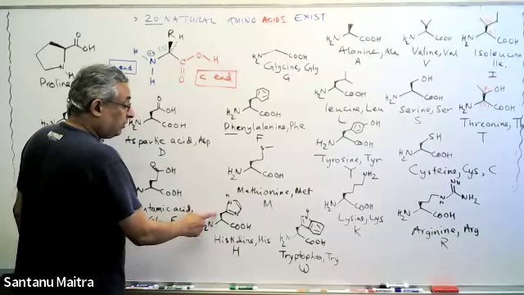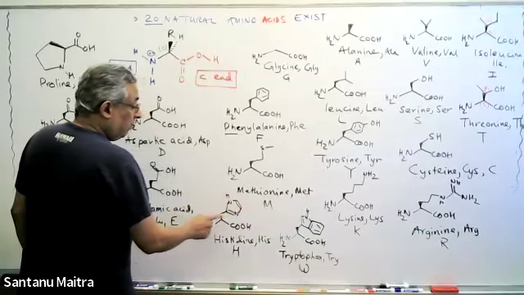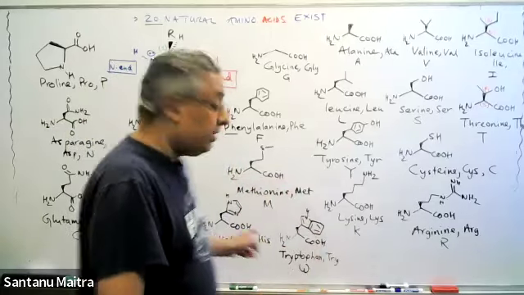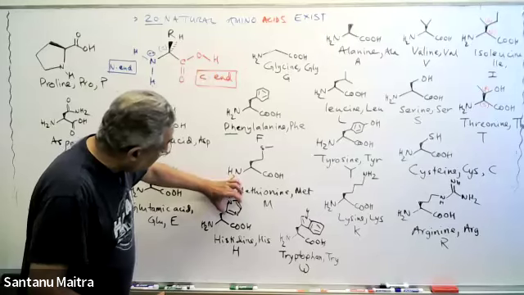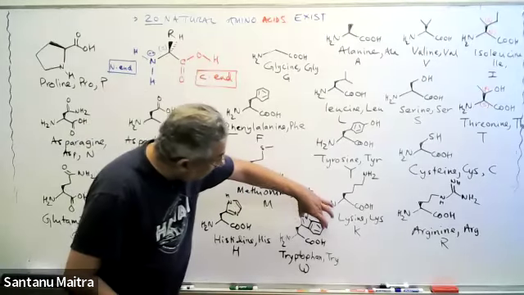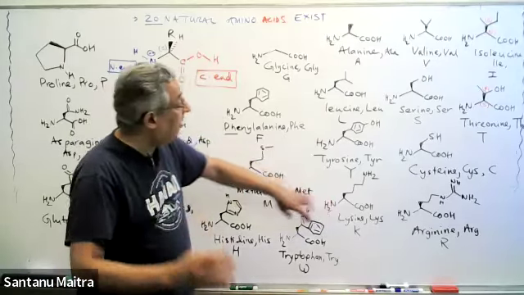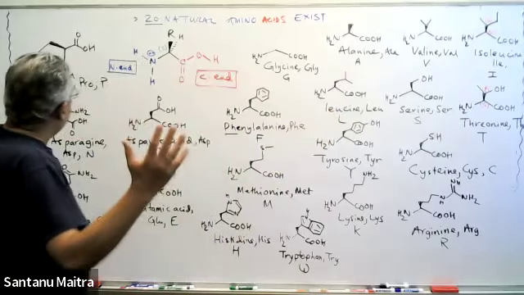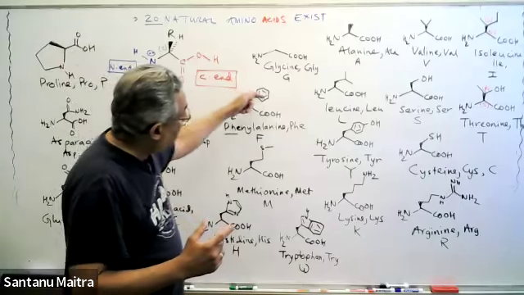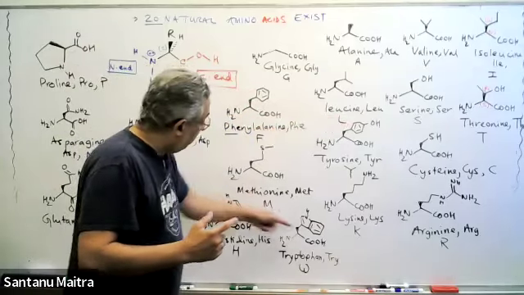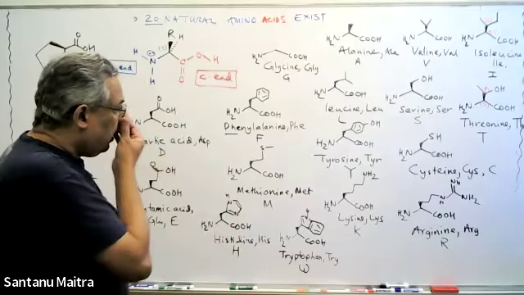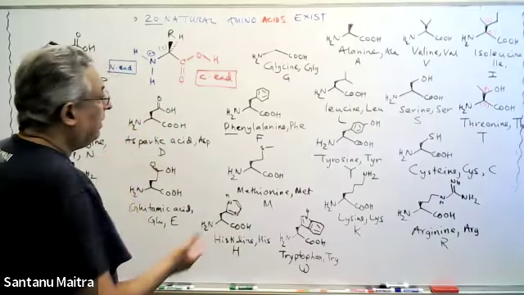Histidine has one CH2, kind of like this, but it's an imidazole ring on the side. Imidazole is also an aromatic ring. This is an aromatic bicyclic ring. This is aromatic. This is aromatic. So how many aromatics do we have? 1, 2, 3, 4. I think that's it.